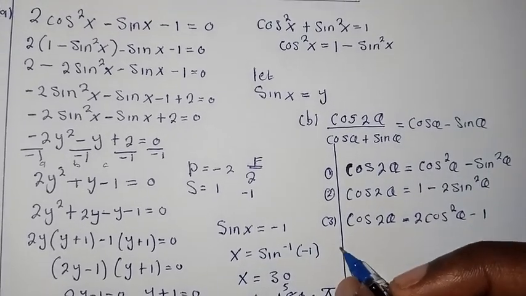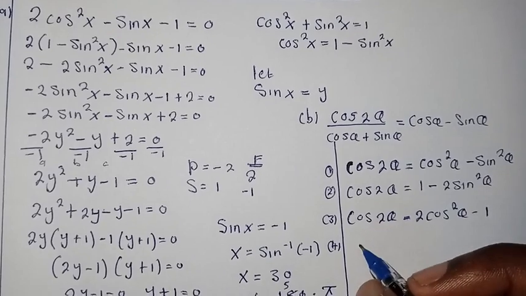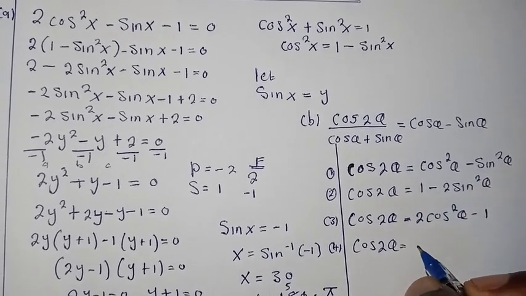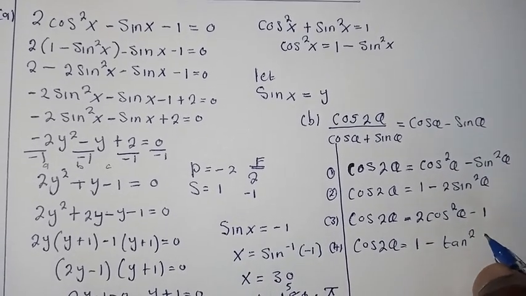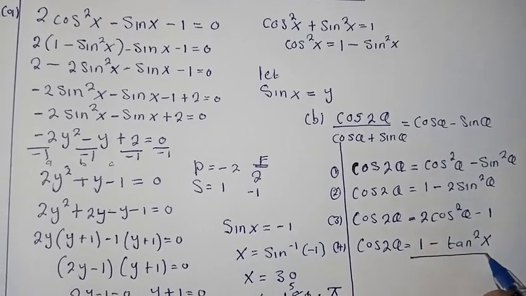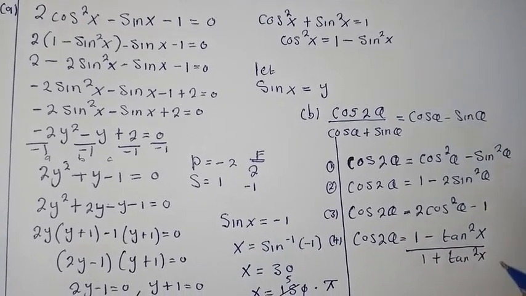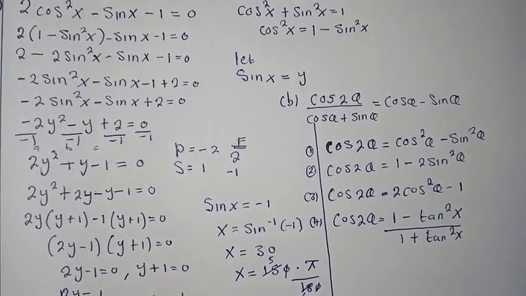So I have these trig identities with me. You must be able to know them. And cosine 2 theta is also equal to 1 minus tan squared x over 1 plus tan squared x. They are very simple to master, but the better that you know them.